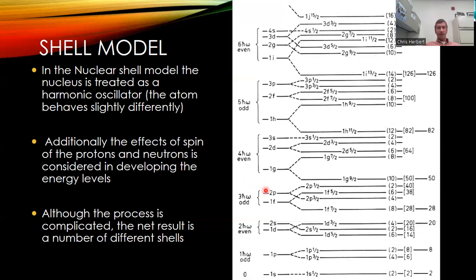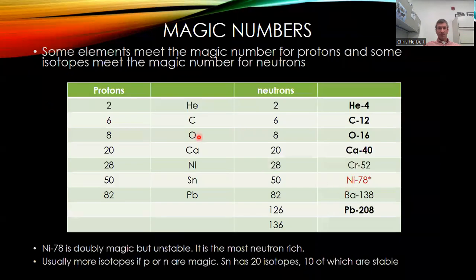And we can actually get, in some cases, elements that have a magic proton number and a magic neutron number, which are also very stable. So let's take a look at this. For the proton magic numbers, 2, 6, 8, 20, 28, 50, and 82.